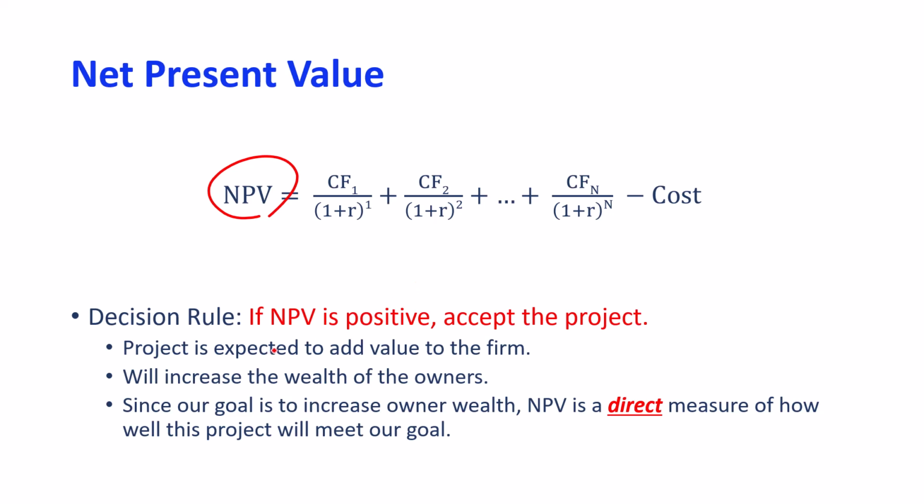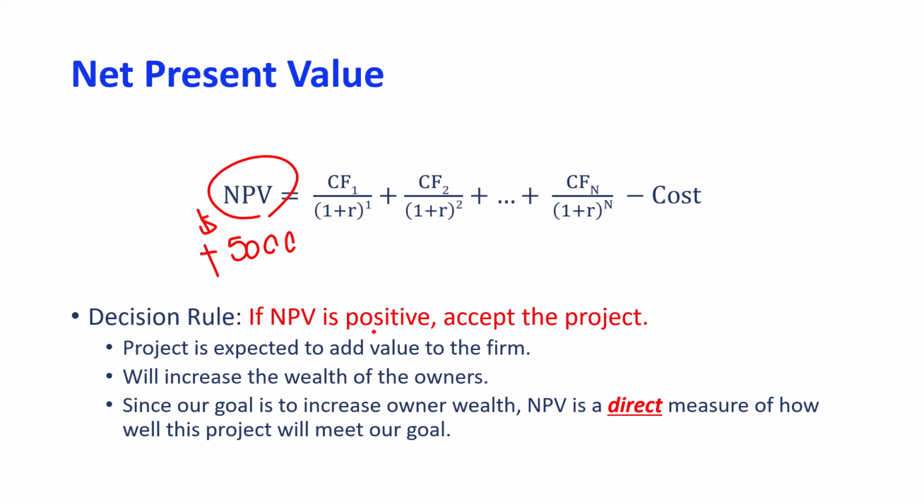That means if the NPV is positive, the project is expected to add value to the firm. Let's say the NPV is positive $5,000. It means that if you accept this project, you're going to add $5,000 to the value of the firm, right? So you're creating value for the shareholders of the firm.